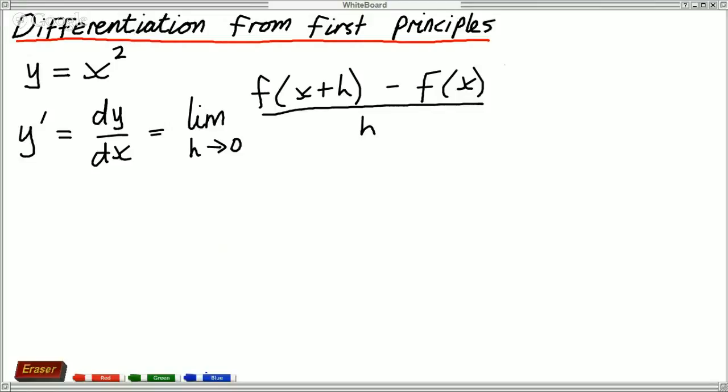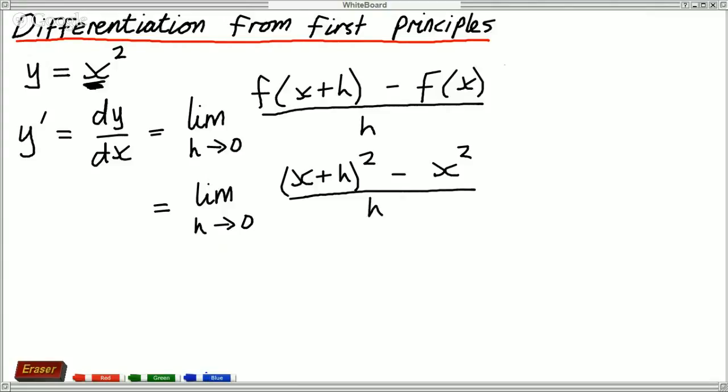So let's go about calculating this. So the limit as h approaches 0, function x plus h will be x plus h squared, because our function we're working with here is x squared, minus our function, which is x squared, and this is all over h. And we can note that we can't just substitute in h equals 0, because then we'll get a 0 in the denominator.